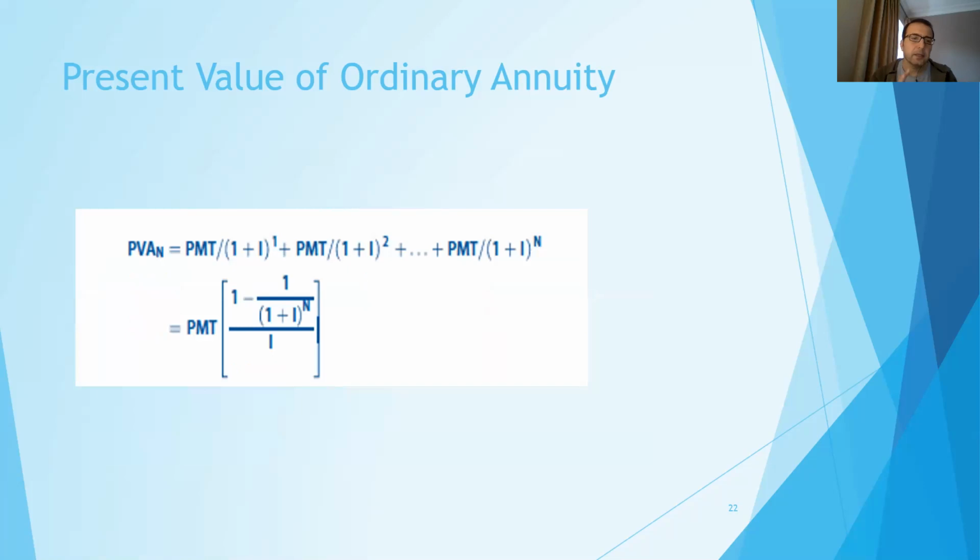So this is basically the formula for finding the present value of an ordinary annuity. Again, PMT is our payment, right? In this example, it's 100. And 1 minus 1 divided by 1 plus interest rate, here it is 5%, over n, 3 years, divided by 0.05, which is the interest rate.